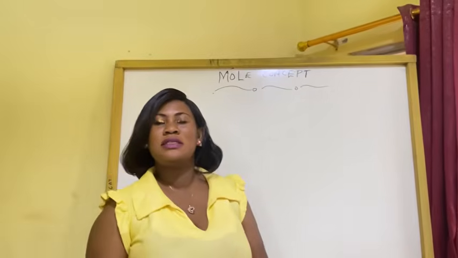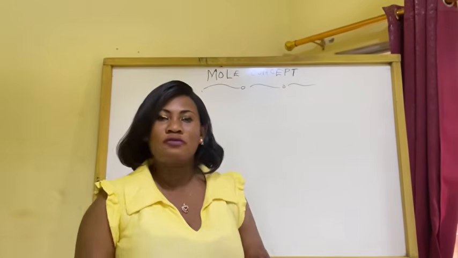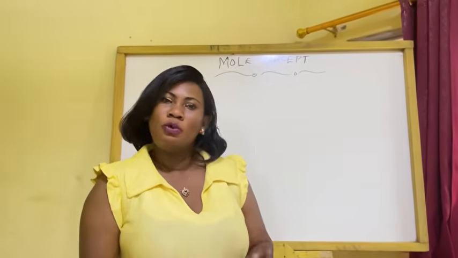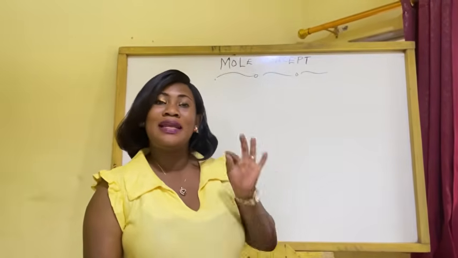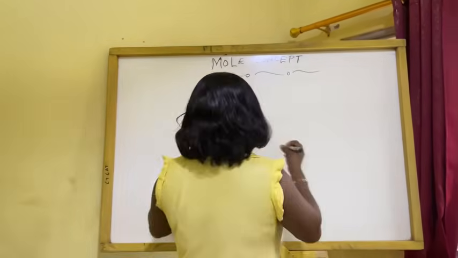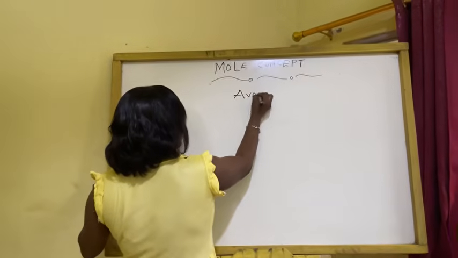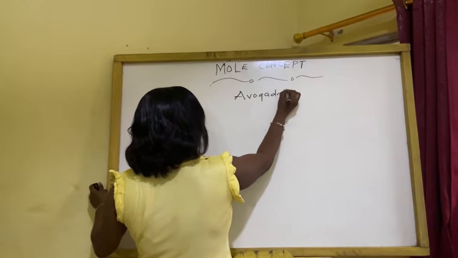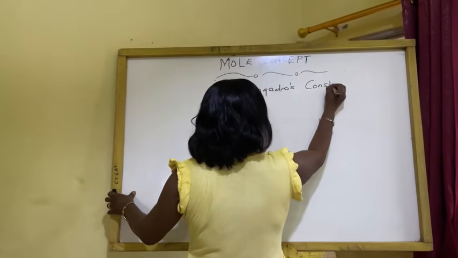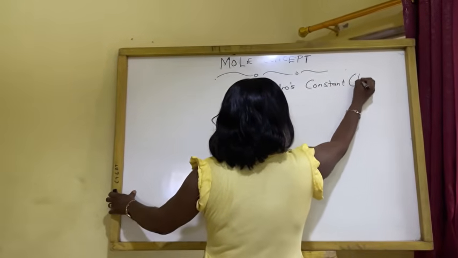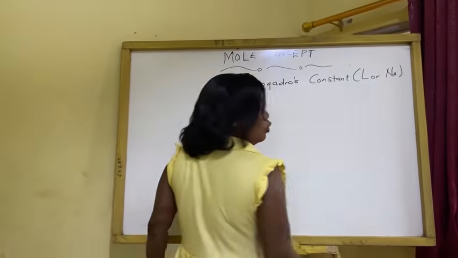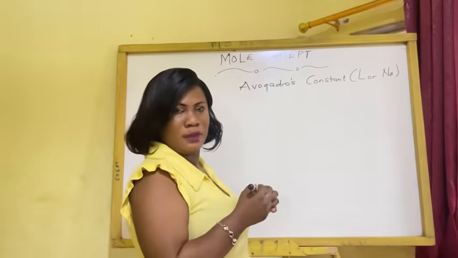The second quantity we want to look at is the Avogadro's number or the Avogadro's constant, which is normally denoted by the letter L or N subscript A. So it's either L or NA. We can stick to one of these.